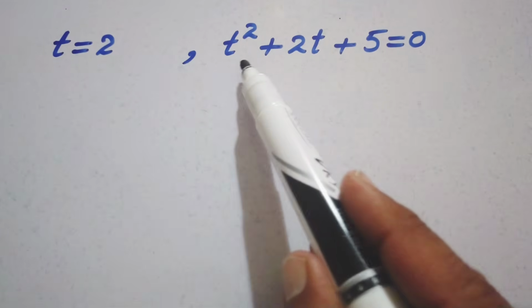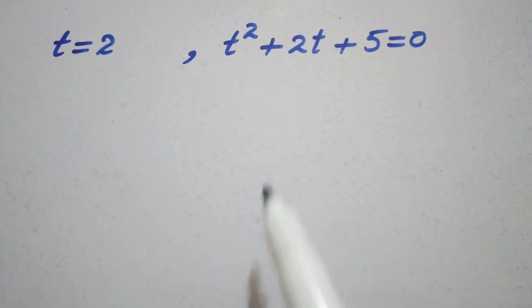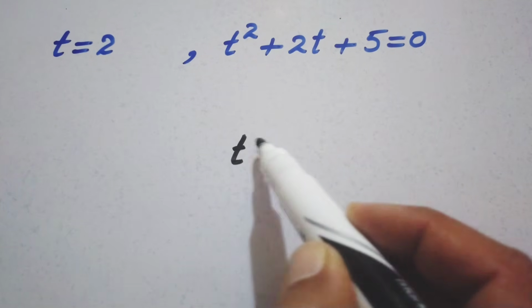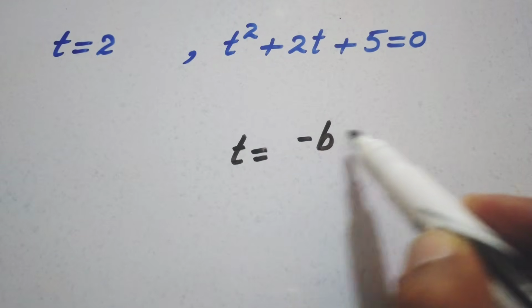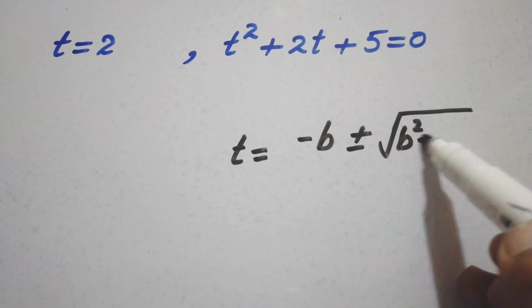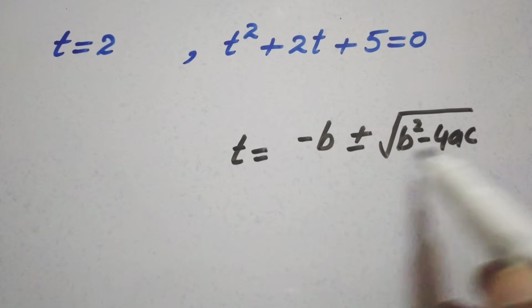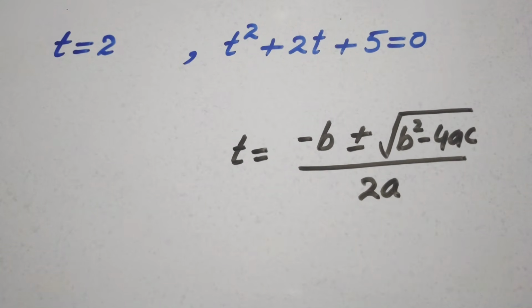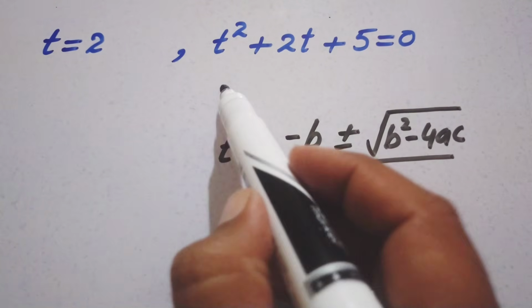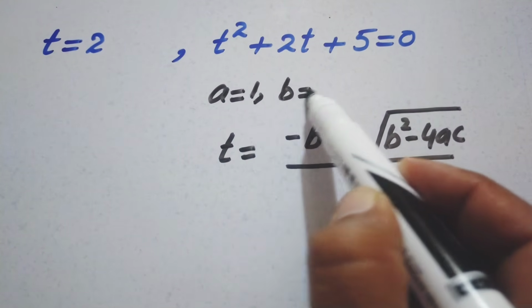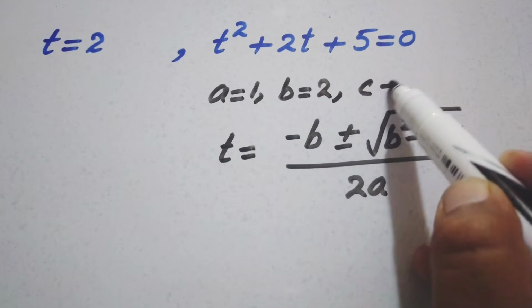To find the value of t from this quadratic equation, we will use the quadratic formula, which is negative b plus minus square root of b squared minus 4ac, divided by 2 multiplied by a. And here a is equal to 1, b is equal to 2, and c is equal to 5.